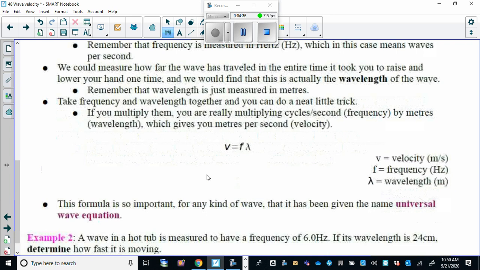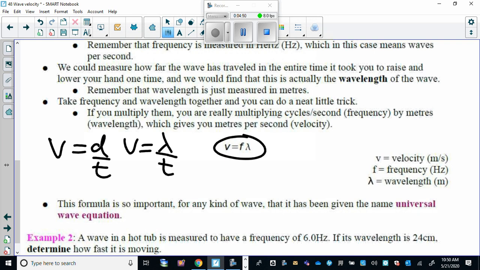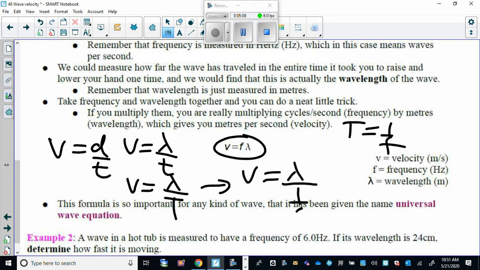And again, if we take this formula here, and we replace d with lambda, wavelength, and then we replace T with big T, and then we substitute in the 1 over f, lambda divided by 1 over f equals this.